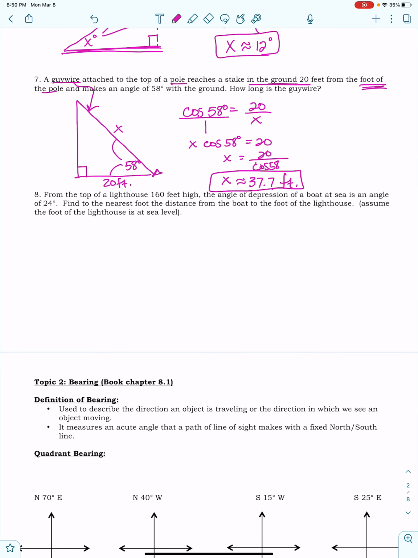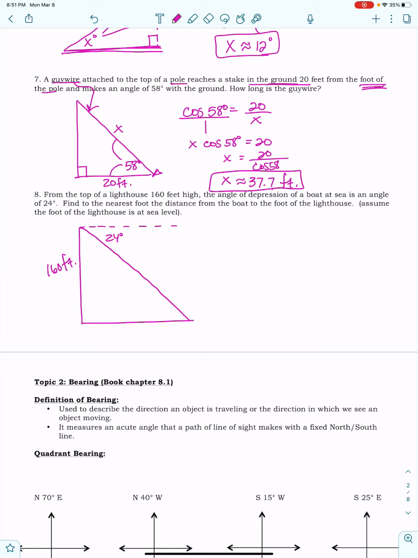Okay, last one. From the top of a lighthouse, 160 feet high. Okay, so a lighthouse that's 160 feet high. There's an angle of depression of a boat at sea as an angle of 24. Okay, you have to be careful. The angle of depression from the top of the lighthouse is outside the triangle.